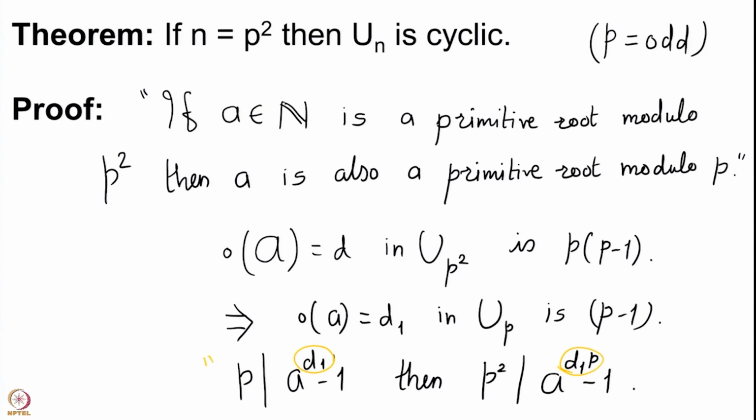So, with this exercise we have this observation that a primitive root modulo p squared is also a primitive root modulo p. Here we will want to show that U_n is cyclic, U_{p^2} is cyclic. So, we will need to produce a primitive root modulo p squared, and when you look at it modulo p, that should already be a primitive root modulo p.